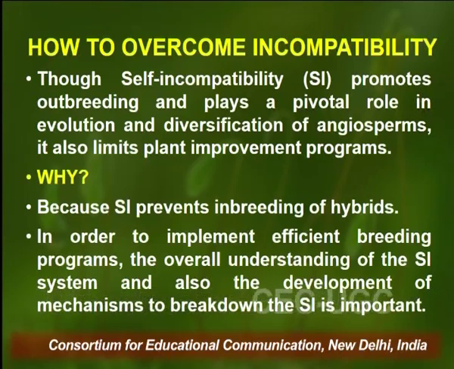It is very important to overcome self-incompatibility because this will prevent the inbreeding of hybrids. In order to implement efficient breeding programs, we have to understand self-incompatibility systems, and it is very, very important at this stage to develop mechanisms which can break down the self-incompatibility.